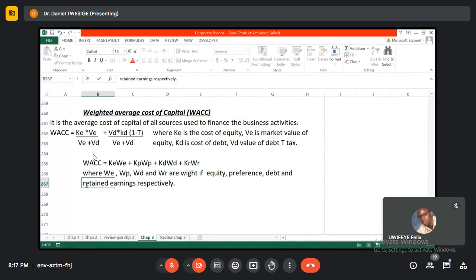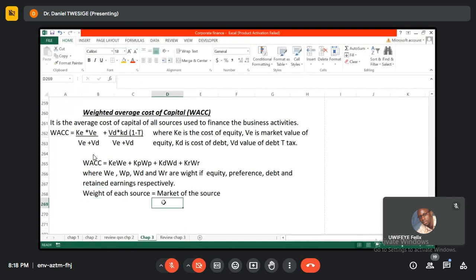Which you can get from market value. The weight of each source will be equal to the market value of the source divided by the total market value of all sources.